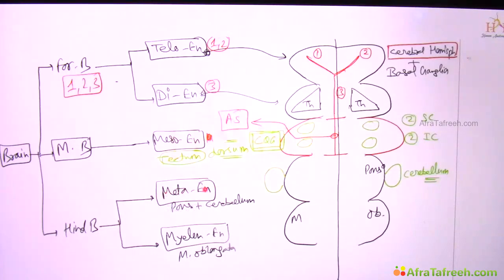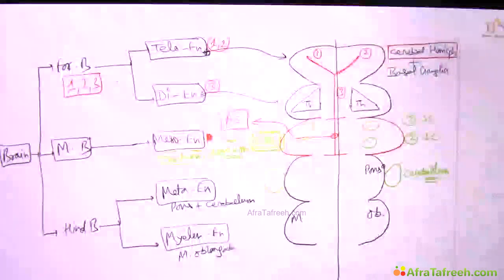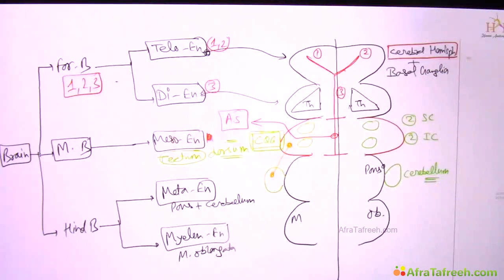Once you say that this is the cerebellum, you know the cerebellum attaches to the brainstem with the help of three peduncles. This is the superior cerebellar peduncle, this is the middle cerebellar peduncle, this is the inferior cerebellar peduncle. You mean to say the cerebellum is attaching to the midbrain by the superior cerebellar peduncle? Yes. And to the pons by the middle cerebellar peduncle? Yes.